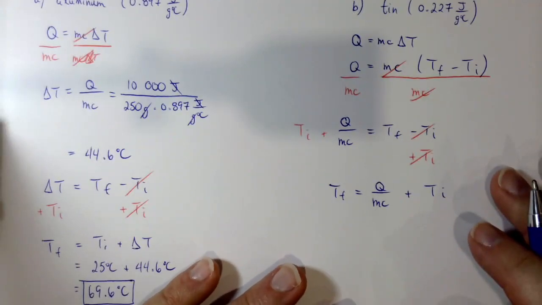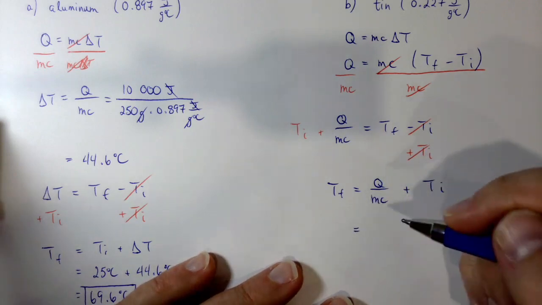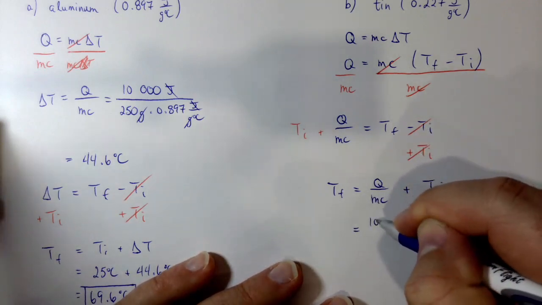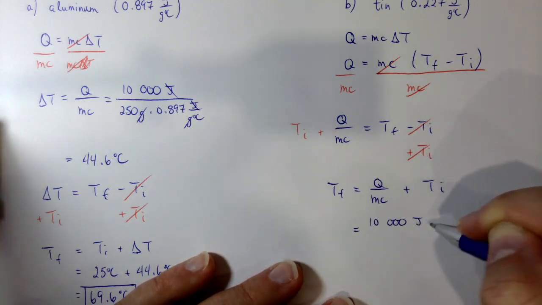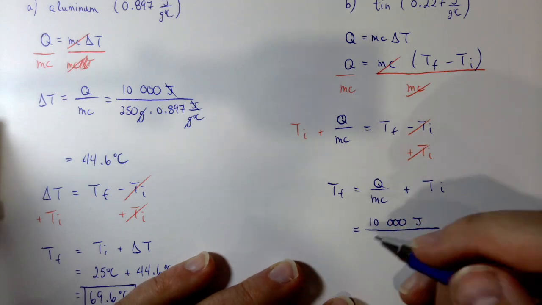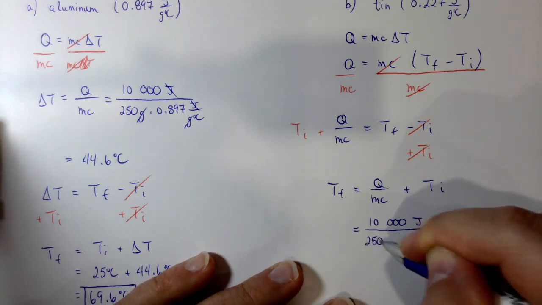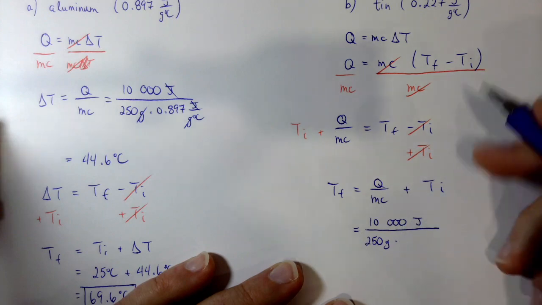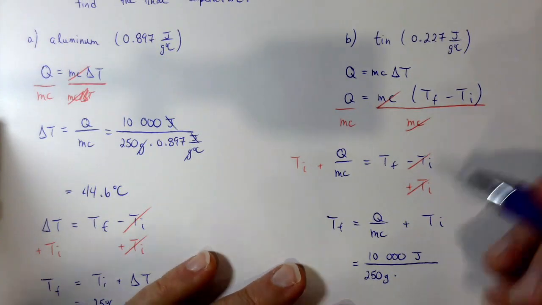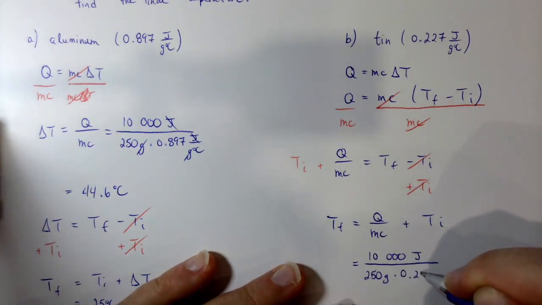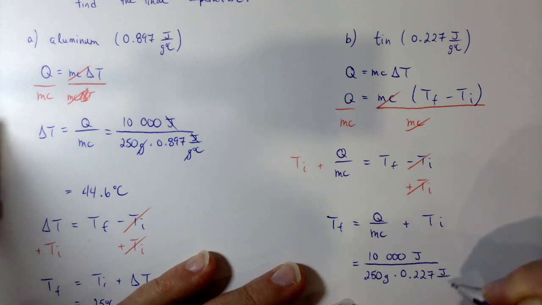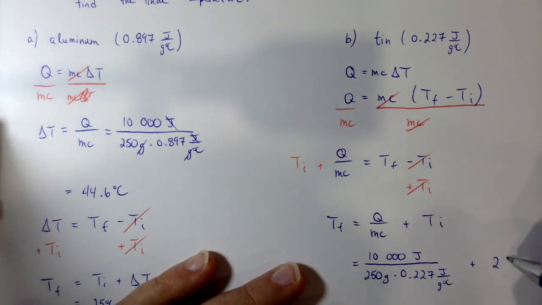Okay. So, I take my Q, which was 10 kilojoules, I change that into 10,000 joules. Divide by the mass of 250 grams. My heat capacity is still up here, 0.227 joules per gram degrees Celsius, plus my initial, which was 25 degrees Celsius.